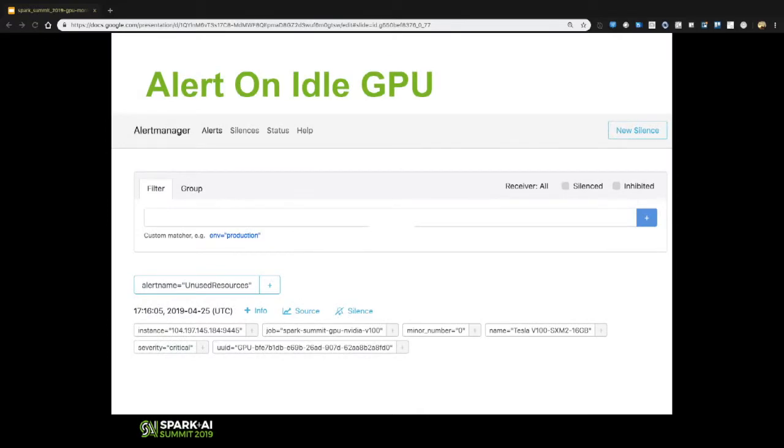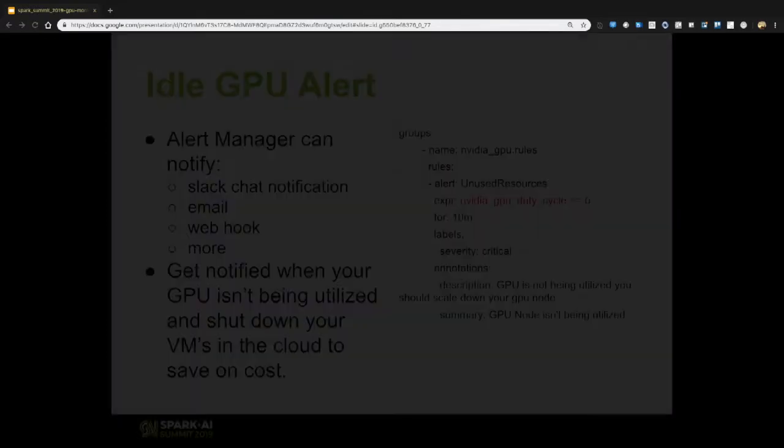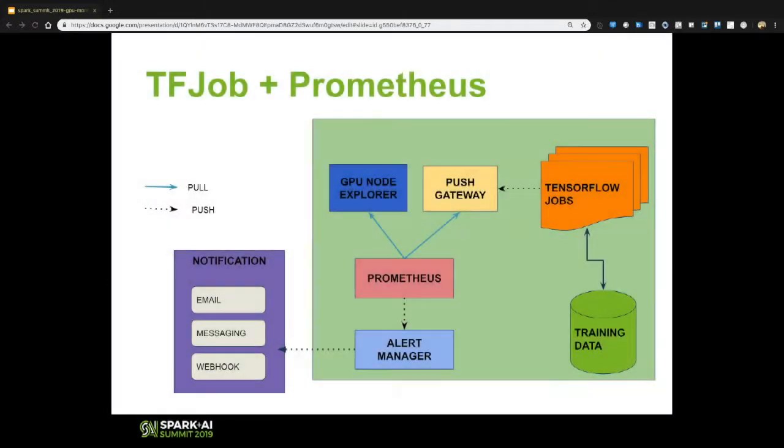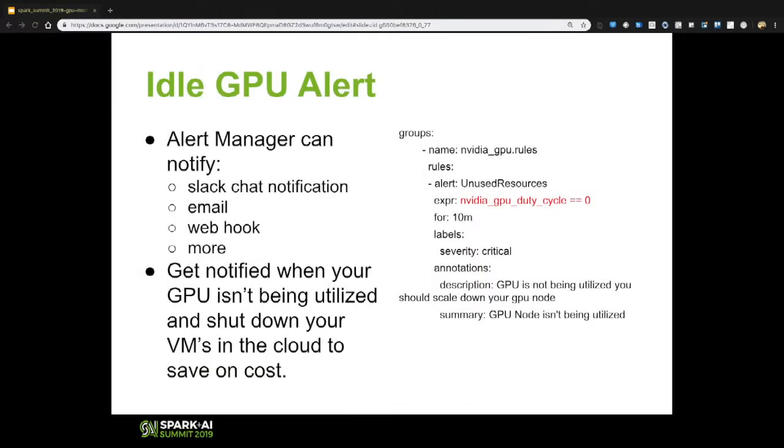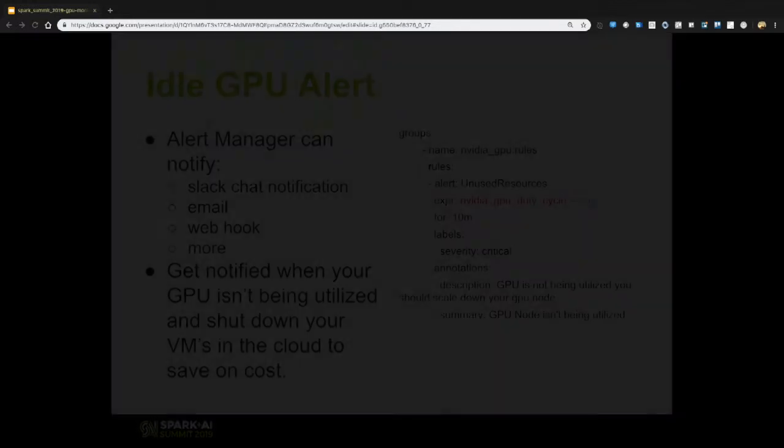And this is Alert Manager. It has a UI. But if we look at the previous slide, you can get an email, you can get a chat message, you can get a webhook that gets hit. And GPUs can get expensive on the cloud, so you might want to scale down your GPU node if it's not being utilized.